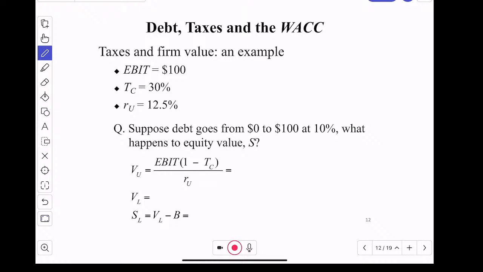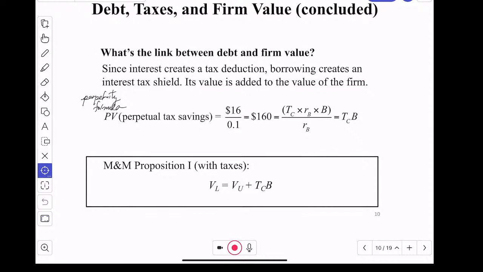So here are the details. The firm's earnings before interest, so these are cash flow from assets, right?